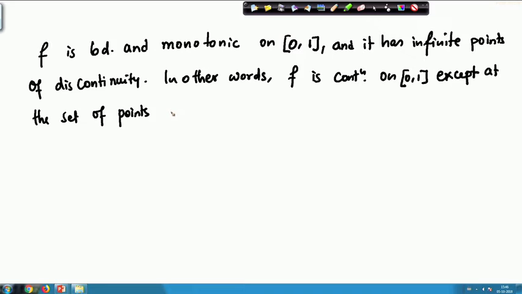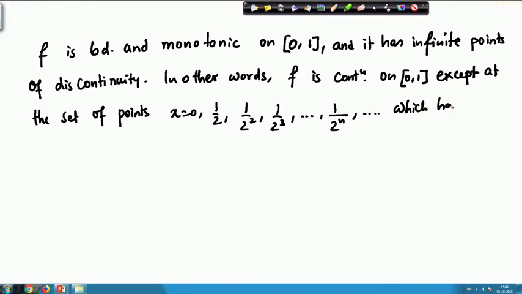What are those points? x equals 0, x equals half, x equals 1 by 2 squared, x equals 1 by 2 to the power 3, up to x equals 1 by 2 to the power n, and so on, which has only one limit point. So this sequence 0, half, 1 by 2 squared, and so on up to 1 by 2 to the power n, has one limiting point which is 0.